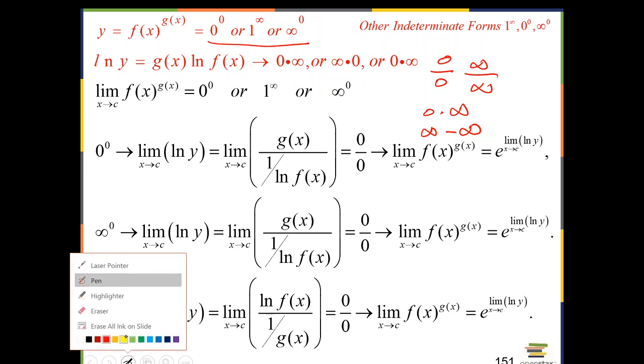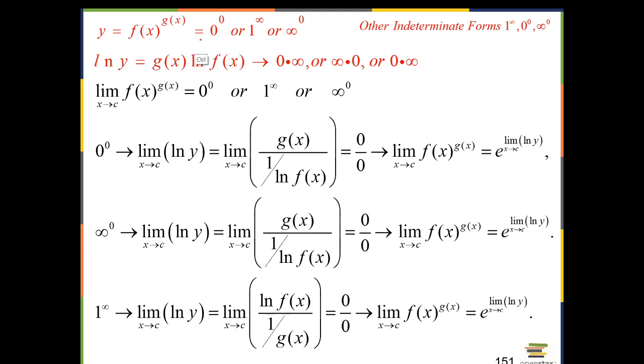And the answer is, we are going to assume that we have y equals f to the g power, right? And we're going to take ln of both sides to bring the g of x downstairs, right? You see that? And then once we do that, we take the limit of ln y. That means we take a limit of this. And then we convert it to what? 0 over 0, or just 0 over 0. Maybe stick to that one.